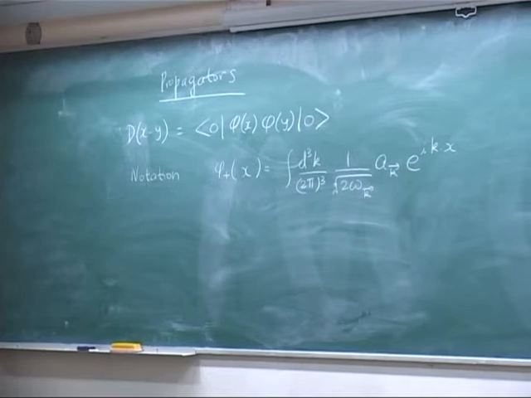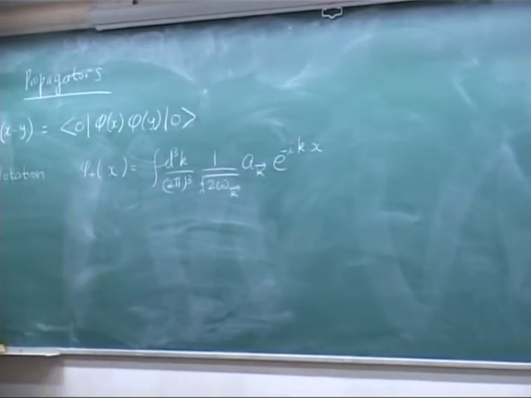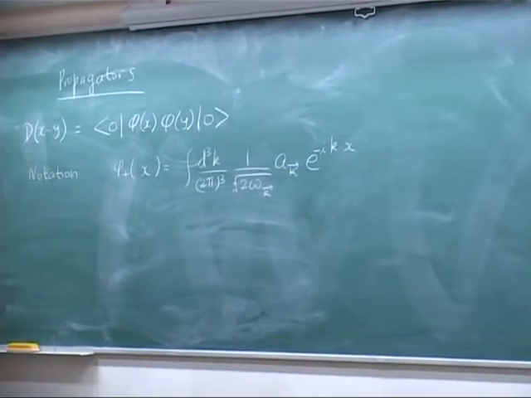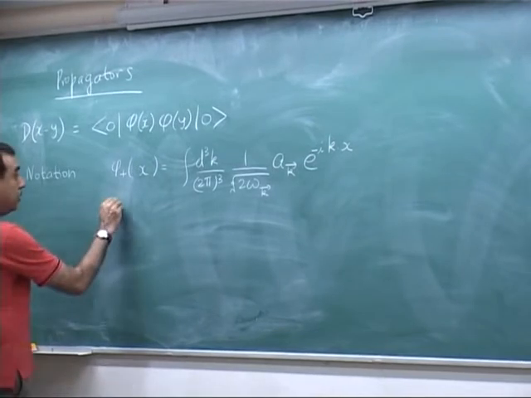Very important to get the sign correct. Phi plus has a_k and e to the minus. I think in the way we wrote phi, it's the first term. And let phi minus be the other term.